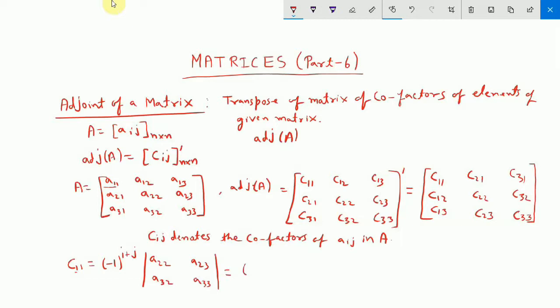So it will become minus 1 to the power 1 plus 1 into the determinant with A22, A32, A23, and A33.